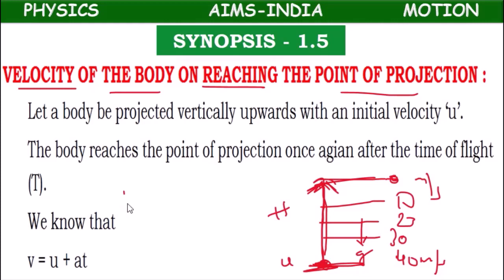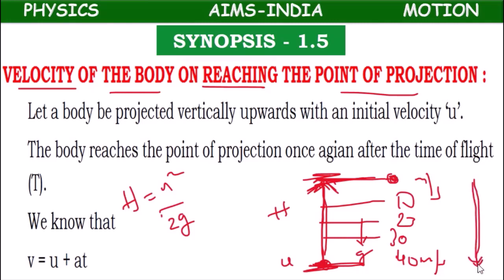Yesterday we calculated H max equals u square by 2g. Up to a certain height it will travel due to gravitational pull, and the velocity continuously decreases and finally becomes 0. When the velocity becomes 0, it can't go up. From there it starts falling down to the ground.